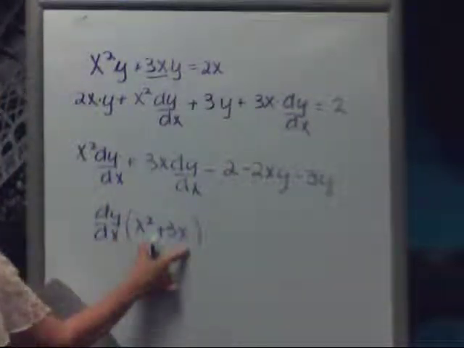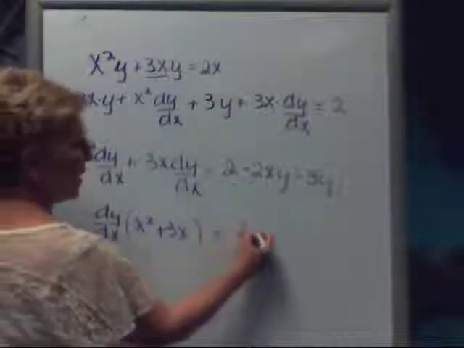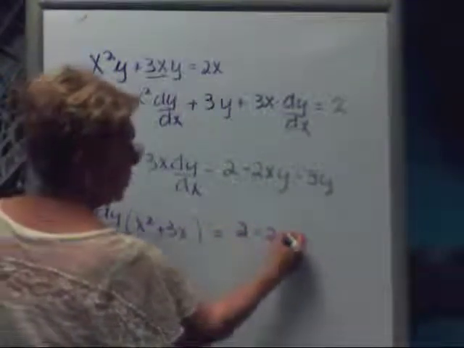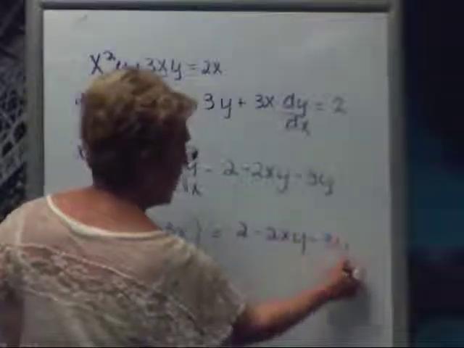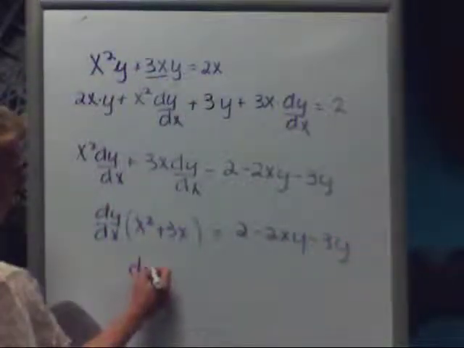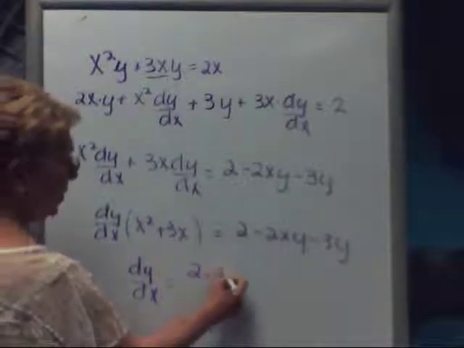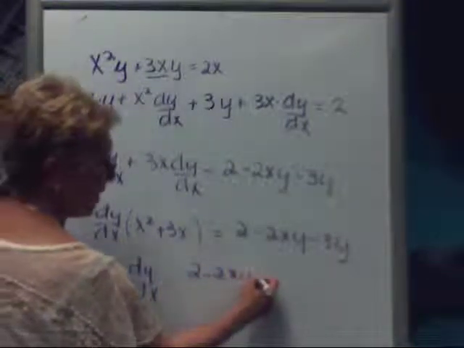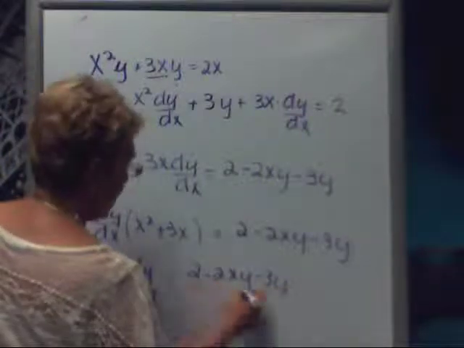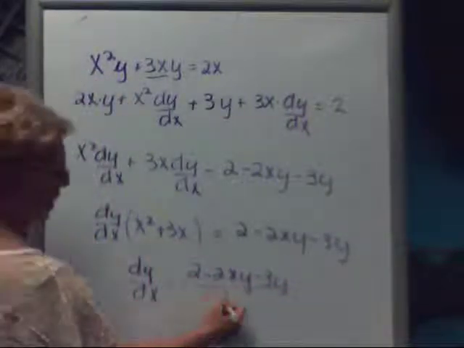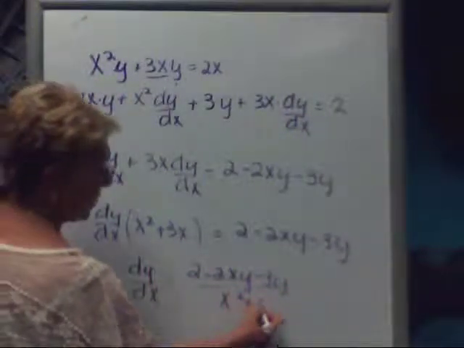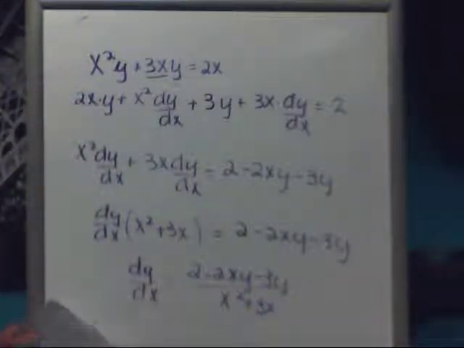We're going to factor them here, and this is going to equal 2 minus 2xy minus 3y. Solving for dy dx equals that quantity, 2 minus 2xy minus 3y, all over the factored part we don't want. And stop there.